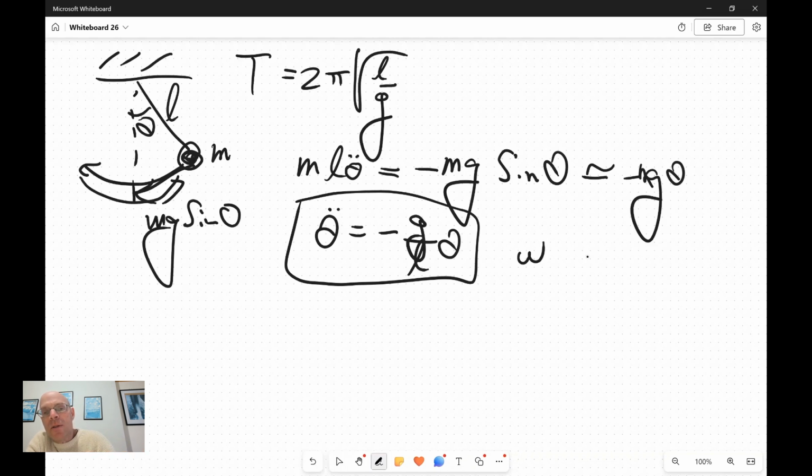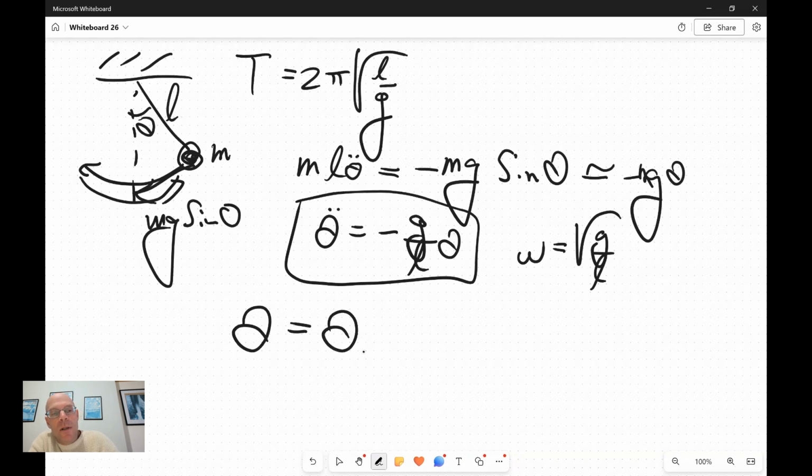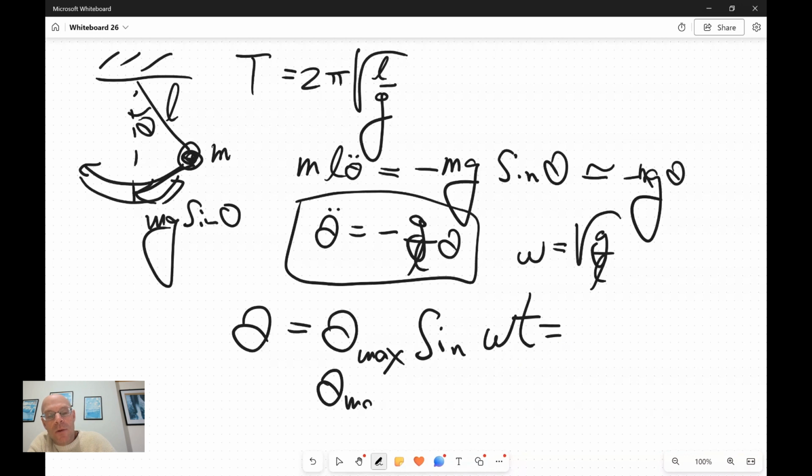First, let's call omega equals square root of g over L. So we can see that a solution to this equation is theta equals theta max sine omega t, and from this relation we see that we can write it as theta max sine 2 pi over capital T small t.